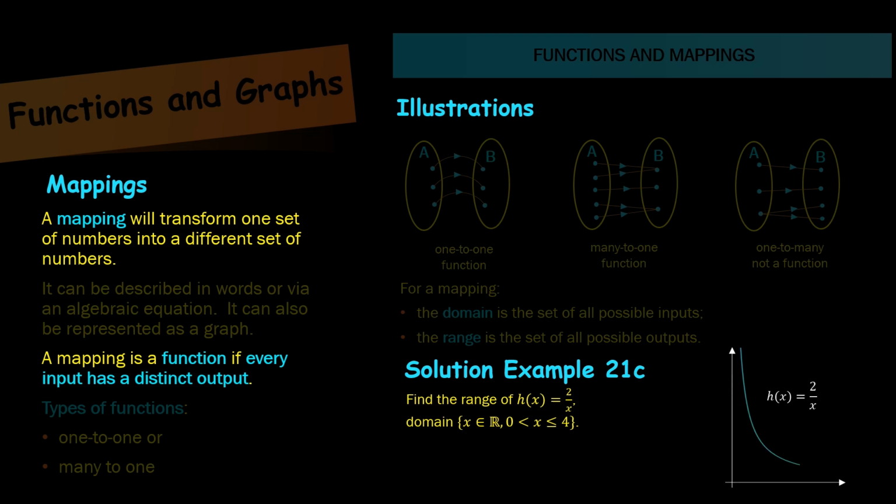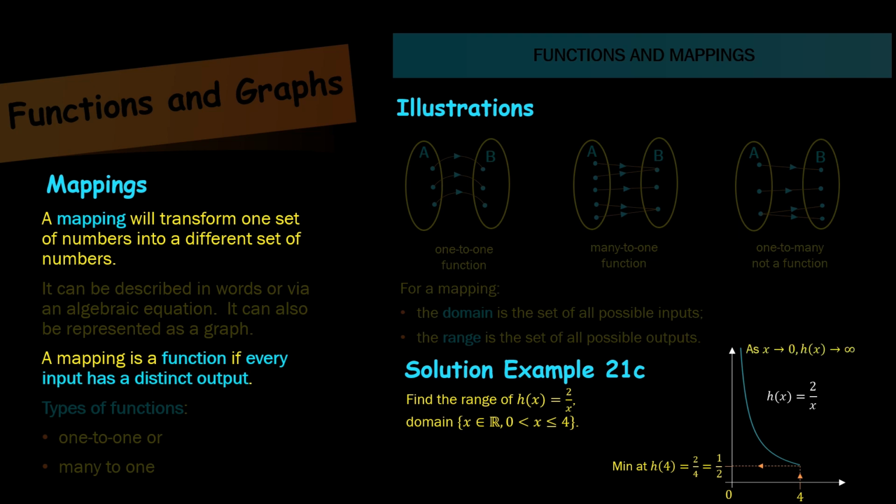Notice that the minimum occurs at h of 4, which is equal to 2 over 4, which is equal to 1 over 2. The value x equals 4 is mapped to a half. Also, as x tends to 0, h of x gets larger and larger.